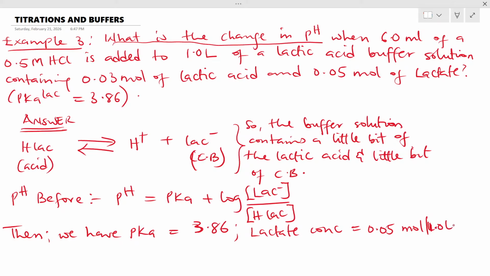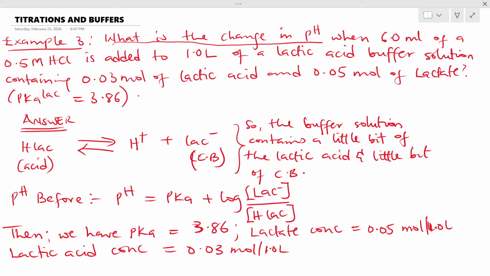Thank God it's 1, so it will just divide out. So 1 liter of what? Solution. Then we also have the lactic acid concentration. The lactic acid concentration is 0.03 moles per 1.0 liter.